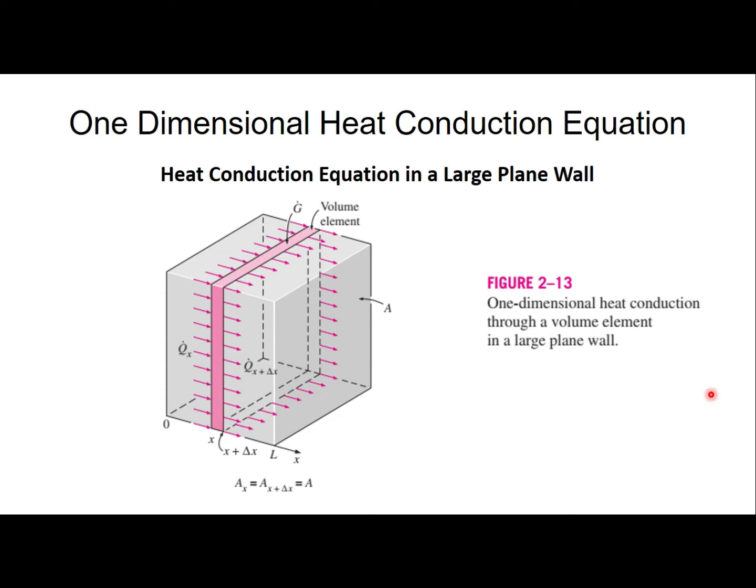So consider the heat conduction through a large plane wall, such as the wall of a house or the glass of a single pane window, the metal plate at the bottom of a pressing iron, or the cast iron steam pipe, or the cylindrical nuclear fuel element, or the electrical resistance wire that is being heated or quenched.